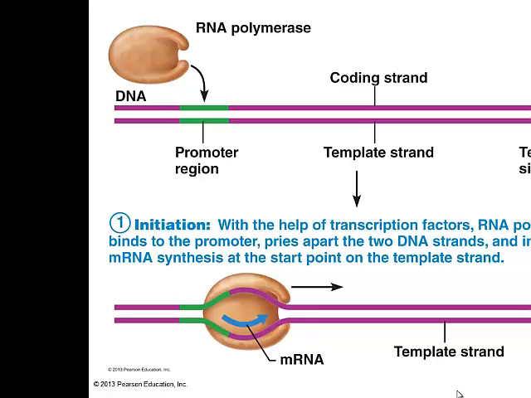When I say read the code, what am I reading? The order of nitrogenous bases. So I'm going to make a copy with RNA, messenger RNA, and when I'm finished, that's going to take that information and bring it outside the nucleus so I can make my proteins. So with the help of polymerase enzymes, except now I'm making an RNA strand, what do we call the enzyme?